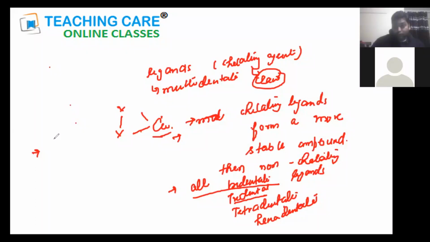So the larger the ligand, the more unstable the compound is. The smaller the ligand, the more stable the compound is. Okay. Okay, sir.